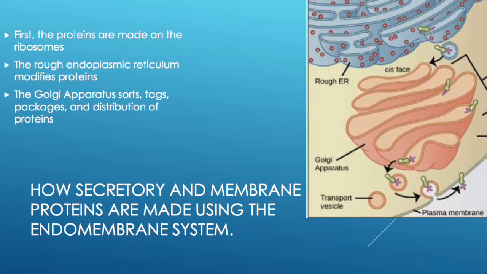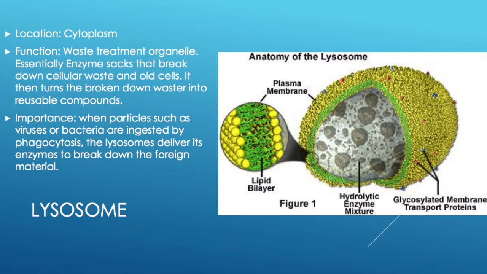Vesicles with the integral protein bud from the ER and fuse with the cis face of the Golgi apparatus. As the protein passes along the Golgi cisternae, it is further modified by the addition of more carbohydrates. After its synthesis is complete, it exits as integral membrane protein of the vesicle that buds from the Golgi's trans face. And when the vesicle fuses with the cell membrane, the protein becomes an integral portion of that cell membrane.